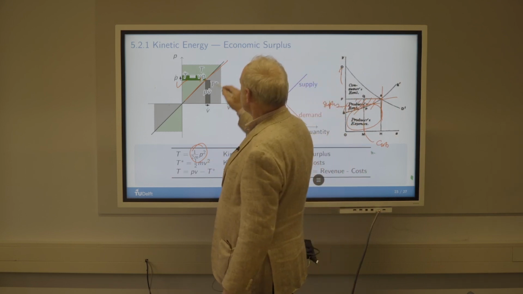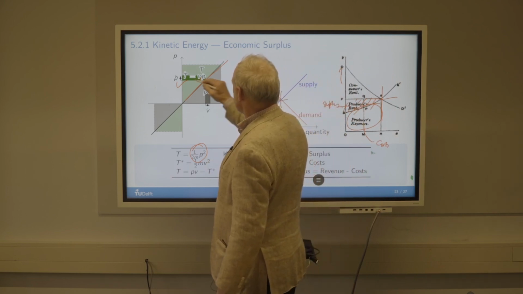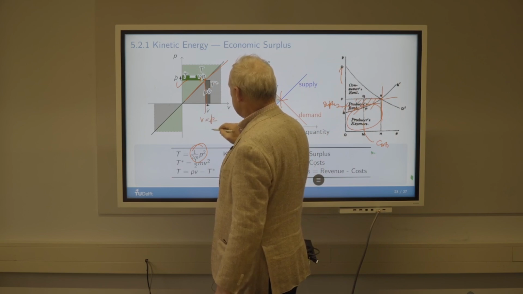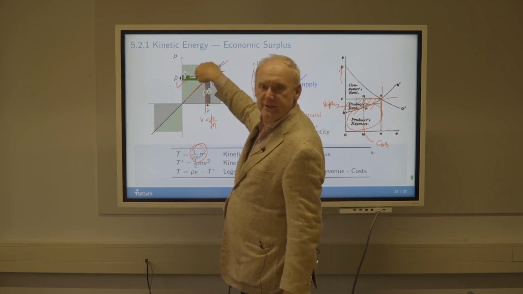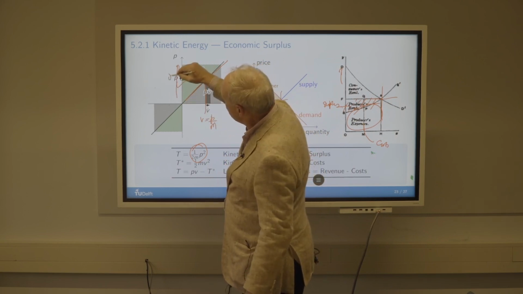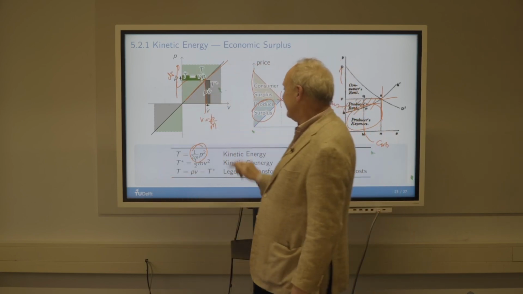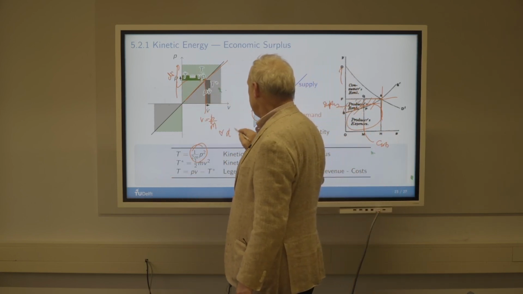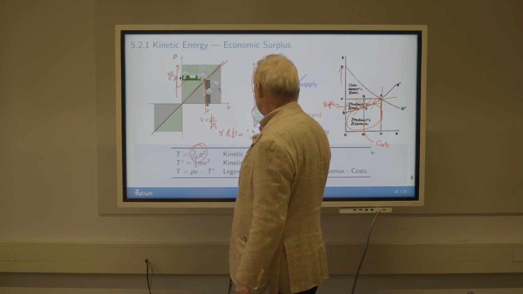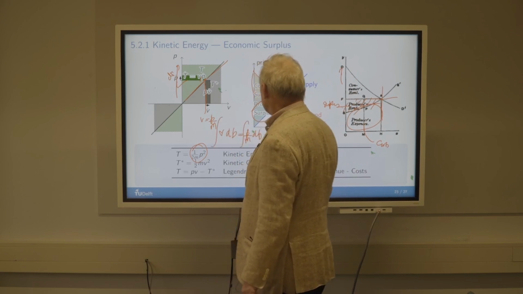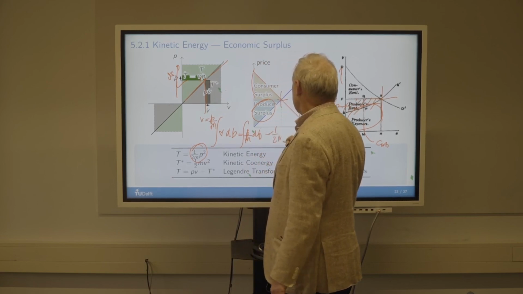Well, you know that this line, this is V, is P divided by M. It's kind of weird because you integrate over P, so this is a dP. Then you do V dP, which is P divided by M dP, and then you integrate that, and you'll get a half P squared over M.